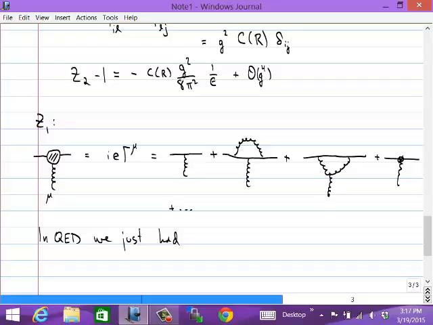Another way of saying that is that if we worked with the one-loop corrected gauge boson propagator instead of the free propagator in Feynman diagrams, that would effectively be including that diagram. Great question. Everyone understands that. Good.